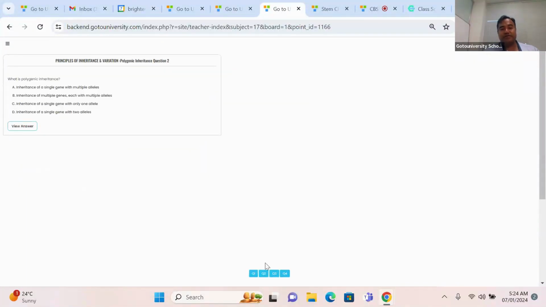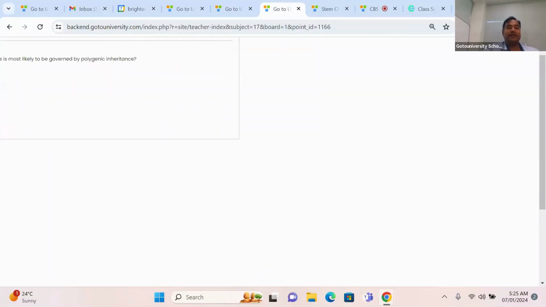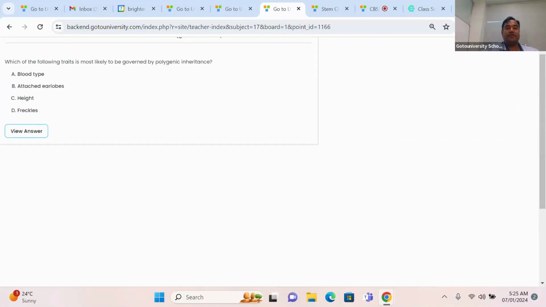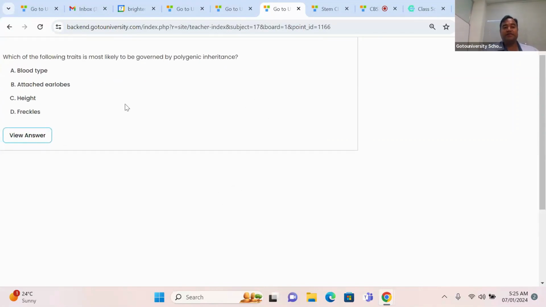So now we are coming to question number 3. Which of the following traits is most likely to be governed by polygenic inheritance? Here the options are blood type, attached earlobe, height, and freckles. Can anyone of you say the answer for this?